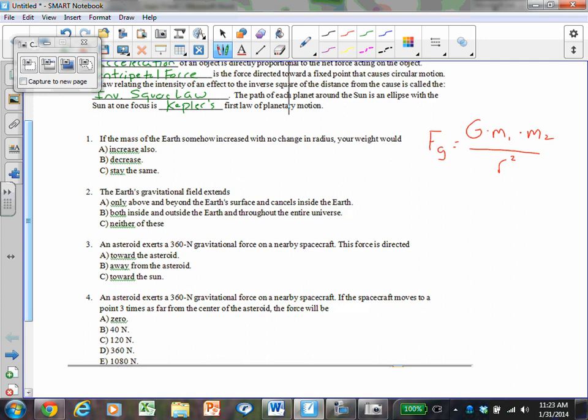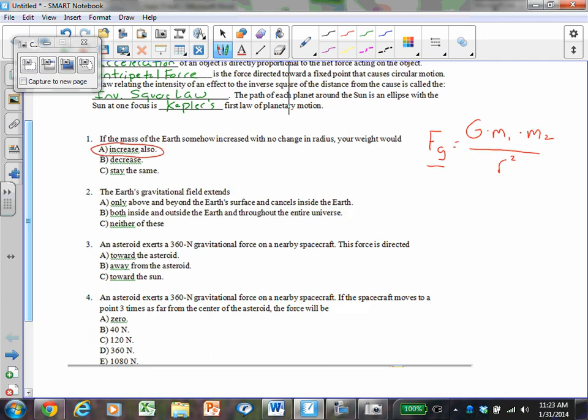What's going to happen to your weight, which is this? It's also going to increase as well. The more massive the object, the more force of gravity it's causing, the more bend in the space-time continuum, right? The more stretchy, like the stretch stuff we played with.